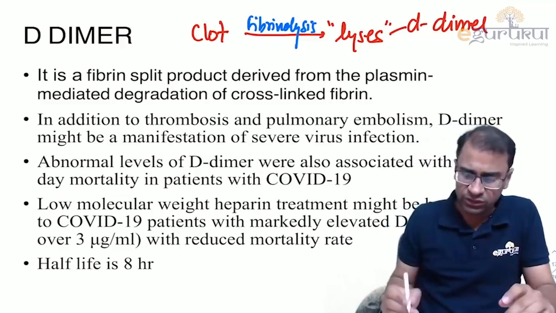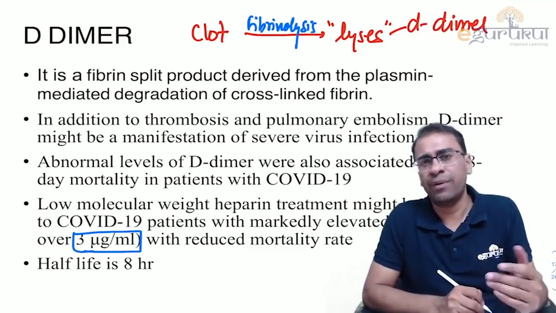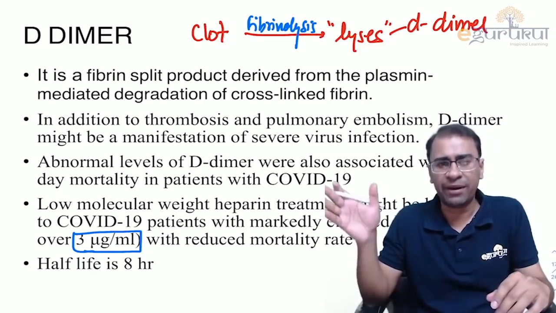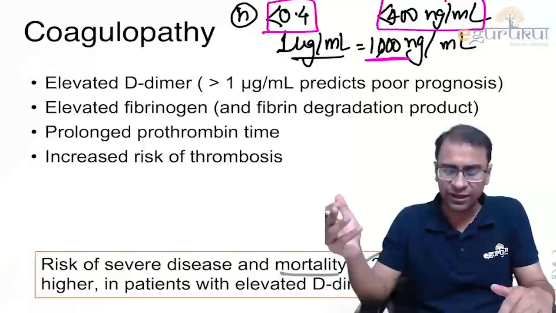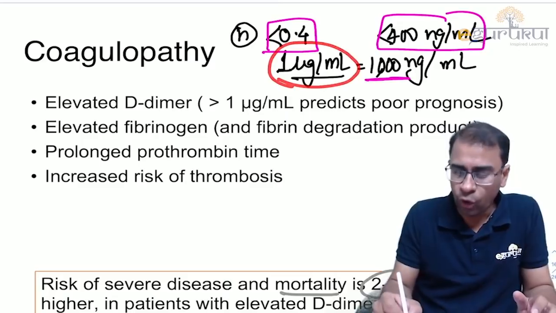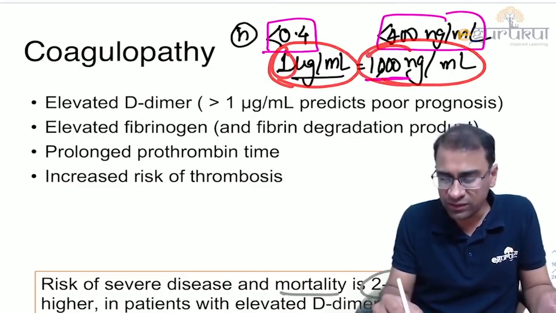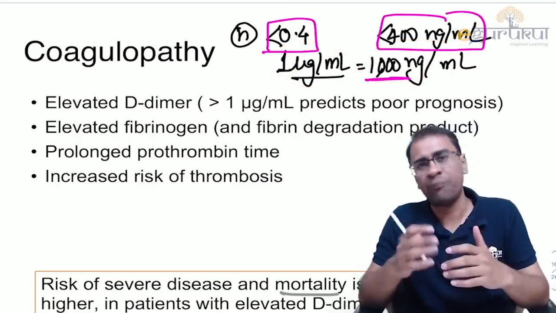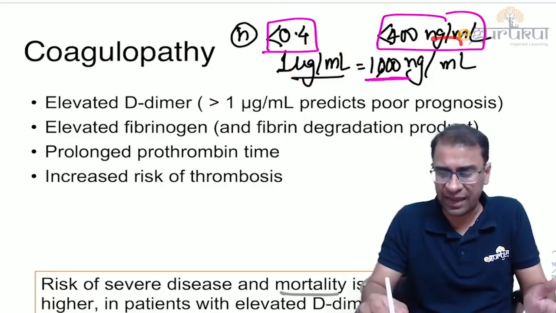Some labs give the value in microgram per ml, and some give it in nanogram per ml. So 1 microgram per ml is equal to 1000 nanogram per ml. But usually labs don't convert because there are different ways of measuring it, so some labs measure in microgram per ml, whereas some measure in nanogram per ml.